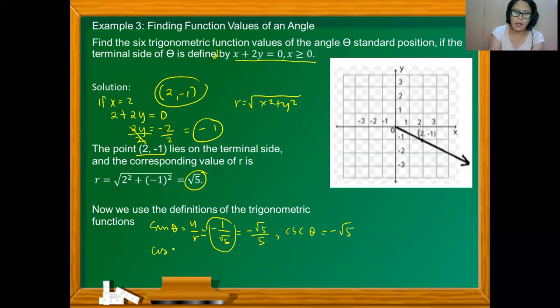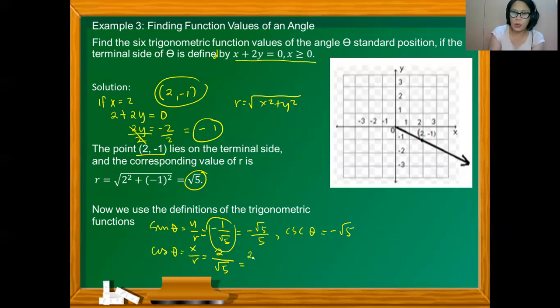For cosine theta, it's x over r. So x is 2 and we have square root of 5. So simplifying 2 all over square root of 5 is done by multiplying both numerator and denominator by square root of 5.